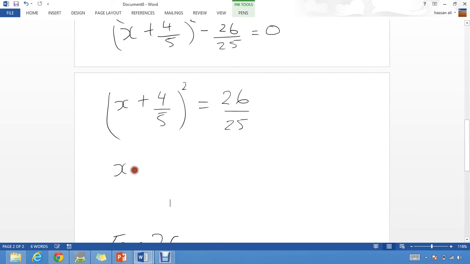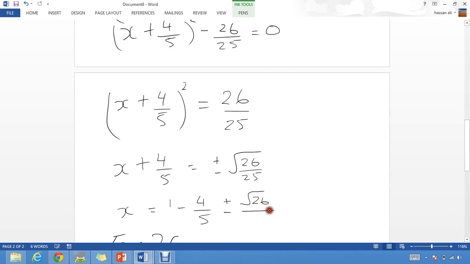So now you go plus or minus square root, and then you take that across. Remember, square root of 25 will be 5, so you've only got that left, and that will be your final answer.